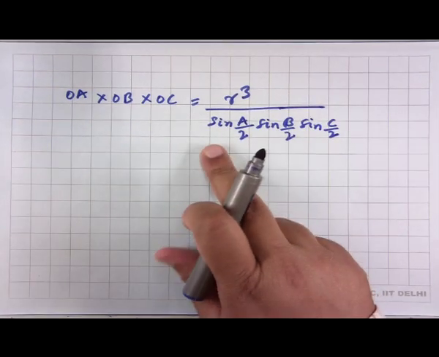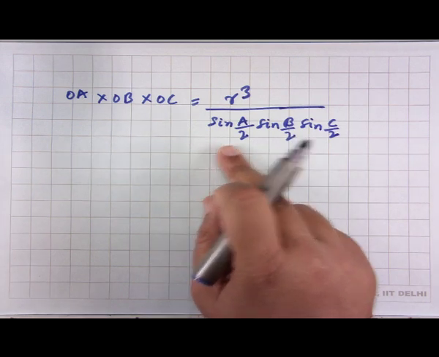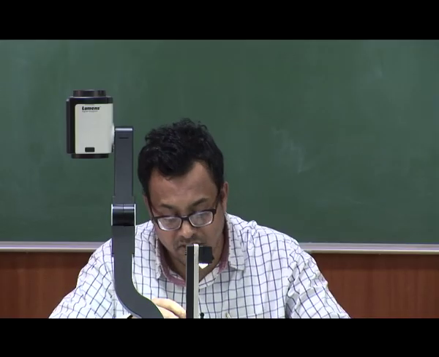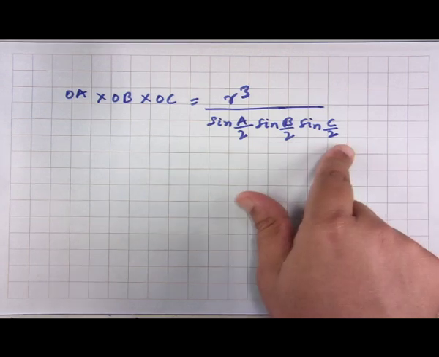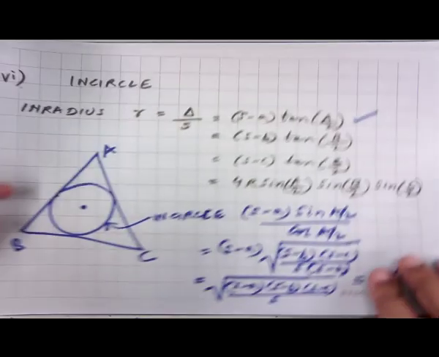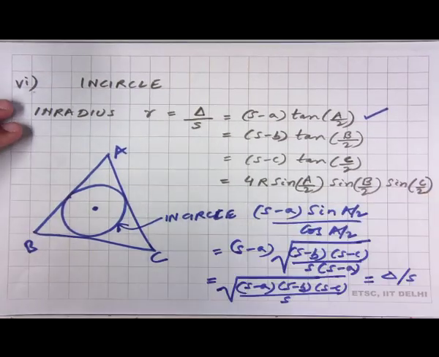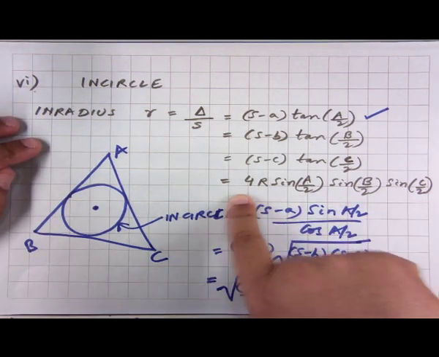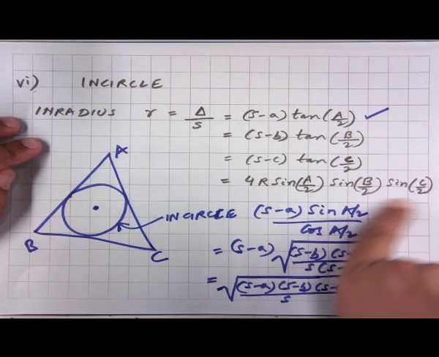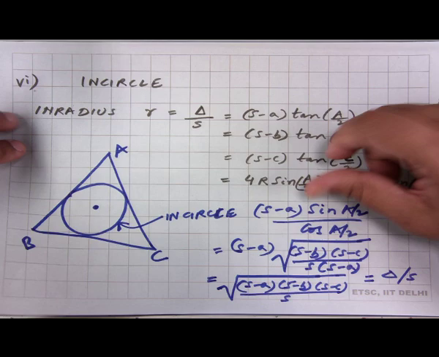But if you recollect, we have already seen this kind of product of the sines of the half angles of all three angles. The last expression we saw also contains the product of the sines of the half angles, so this is what we plan to use.